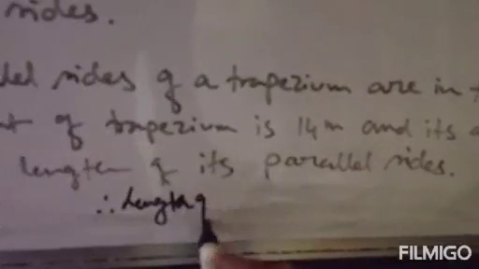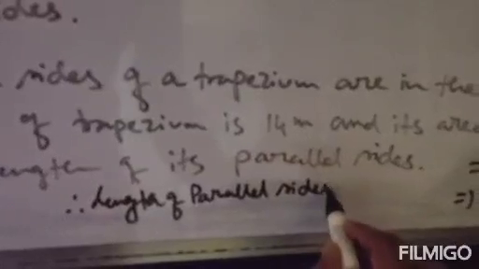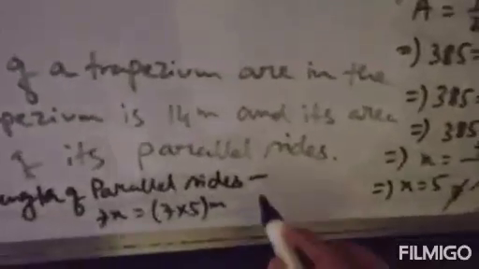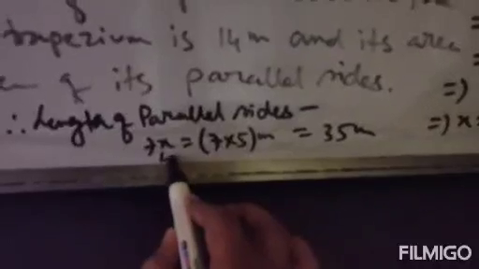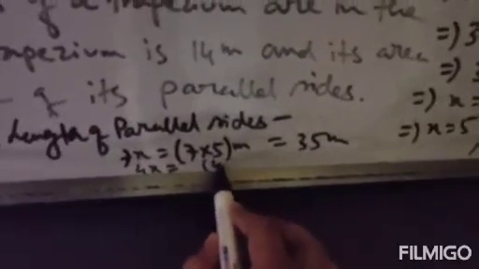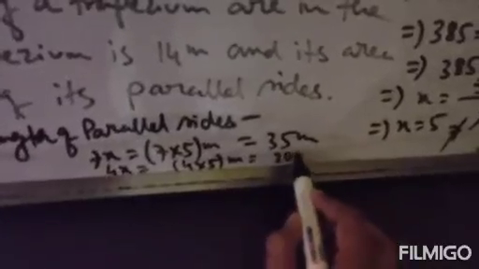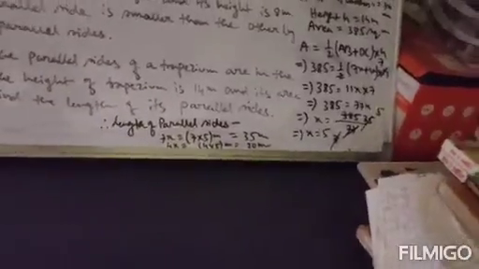The length of the parallel sides: 7x, that means 7 into 5 meters, that is 35 meters, and the other side is 4x, so 4 into 5 meters, that means 20 meters. So one side is 35 meters and the other side will be 20 meters. That is your answer. Clear?